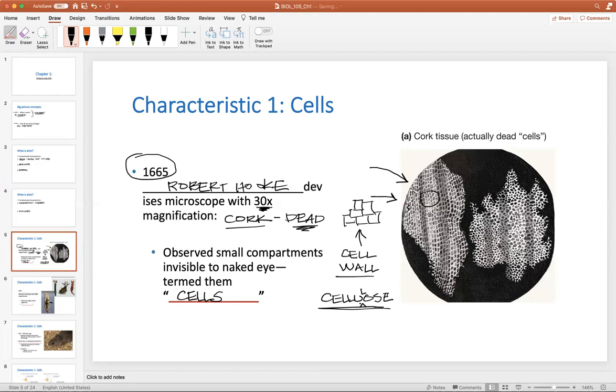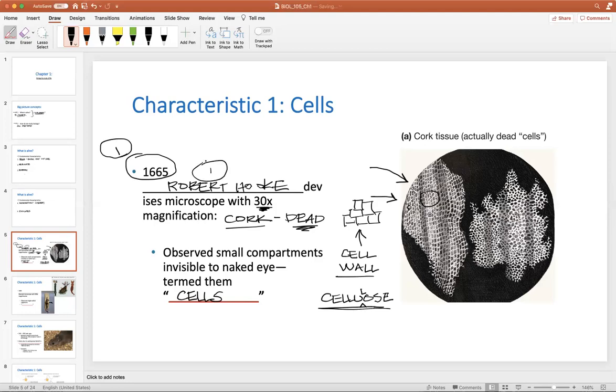Sorry. All right, cellulose. So that's the stuff that makes up wood, and that's all that was left, this hard outer structure, this cell wall structure. So it's kind of ironic that we get the name for cells from what he was seeing, but he wasn't actually seeing cells.